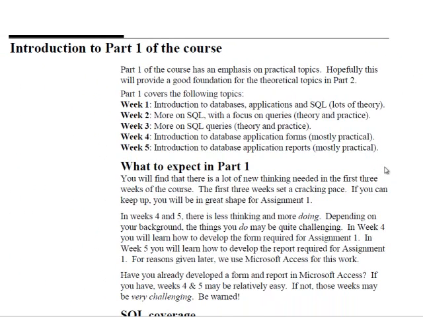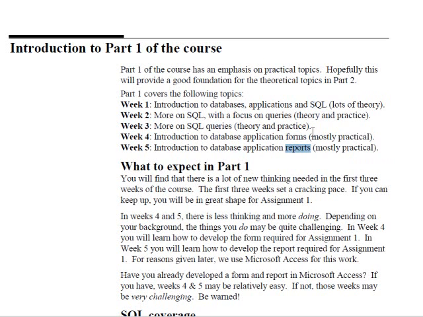Now, most students will find a similar level of difficulty and challenge in part 2 of the course. The level of difficulty you will encounter in part 1 of the course really depends on your background. Some students will have already used SQL. Some students will have already developed a Microsoft Access form or report.